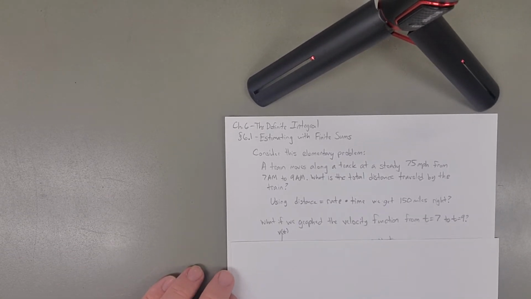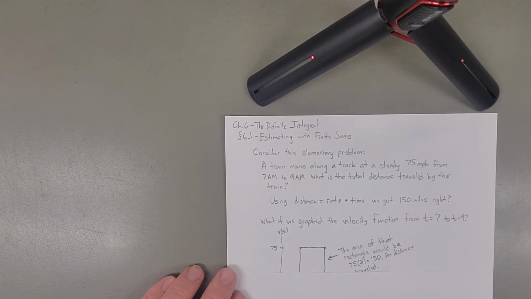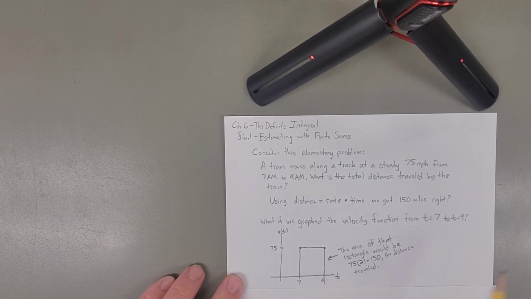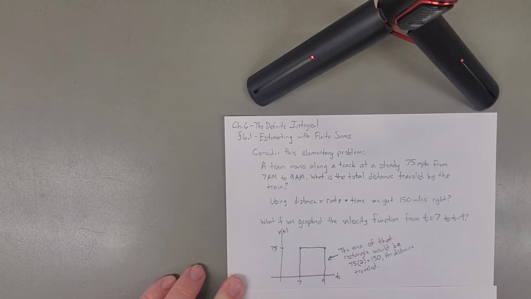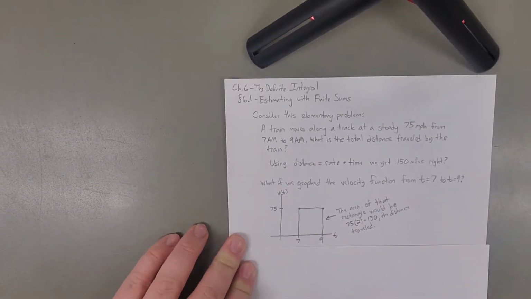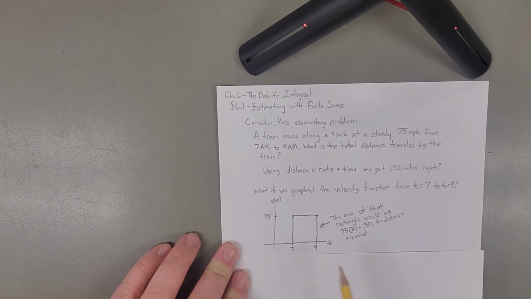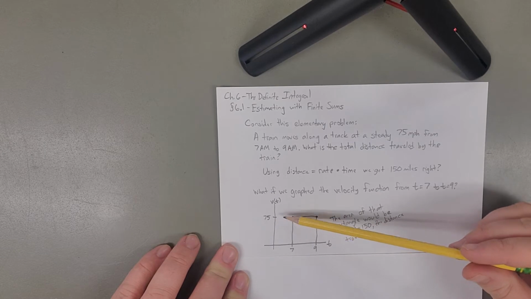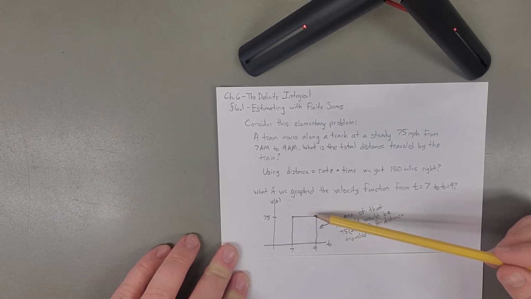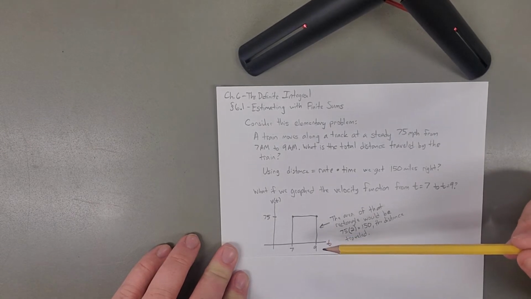Okay, what if we graph the velocity function from t equals 7 to t equals 9? Well, that would look like this. We've got our time axis from 7 to 9, and our function would be just v equals 75, velocity as a function of time.